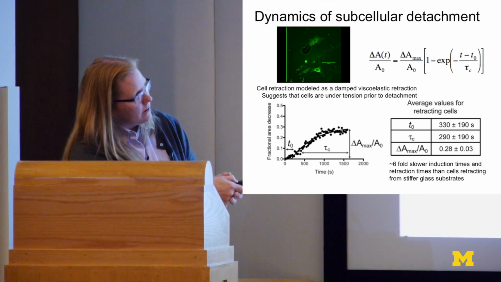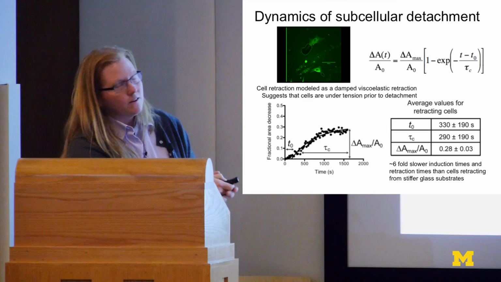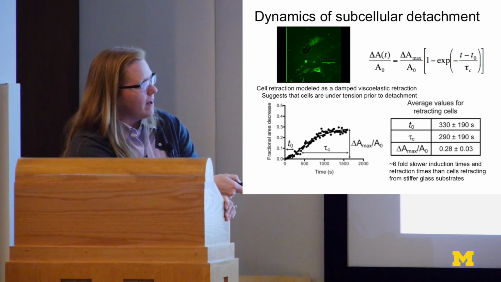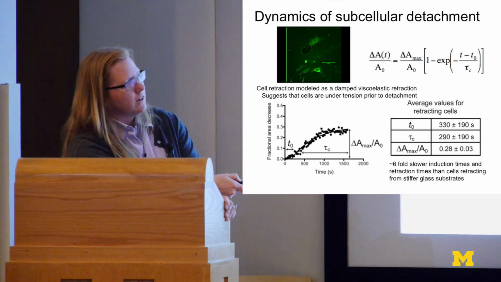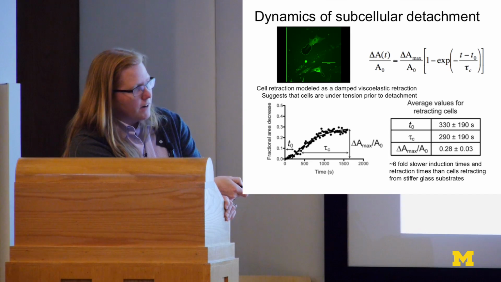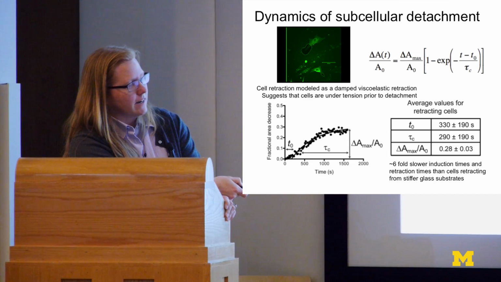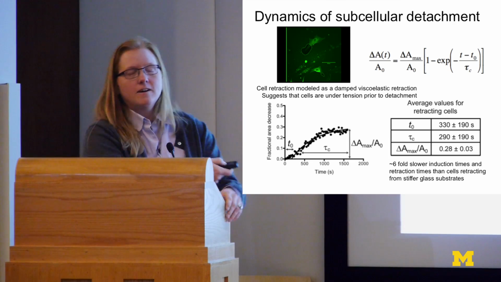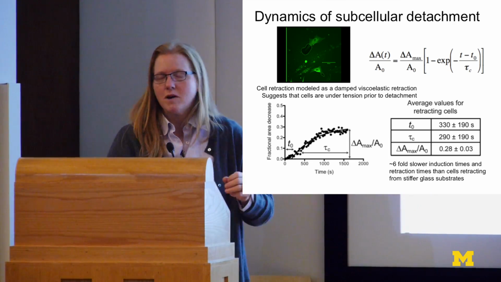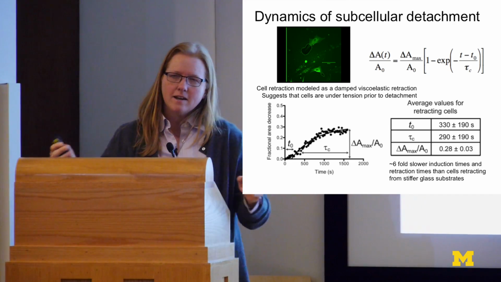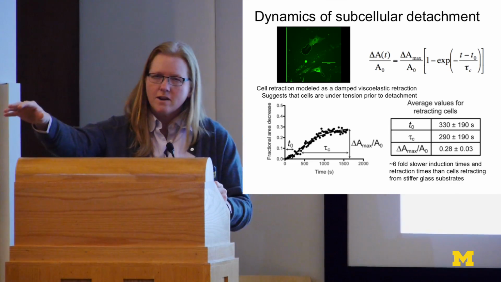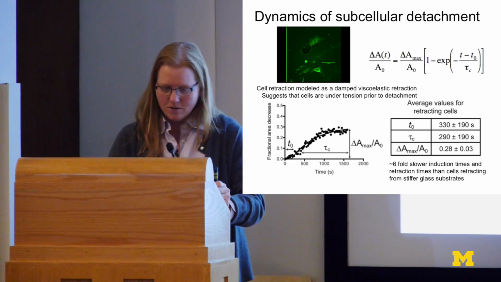And so when we model this with things like viscoelasticity and viscoelastic retraction that we often use with polymer systems, we can learn about these time constants and compare how they're much different and have different induction times and retraction times than if they're on stiff tissue culture polystyrene or glass or other types of modulus. And we're beginning to correlate what is the mechanosensor and what is actually linking all the way from the extracellular environment to the nucleus.